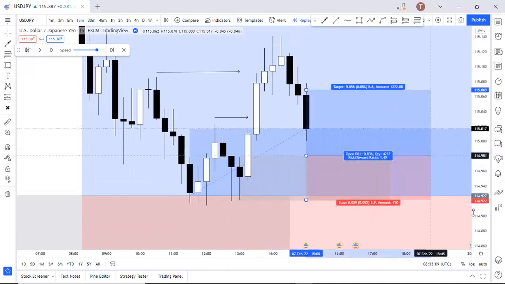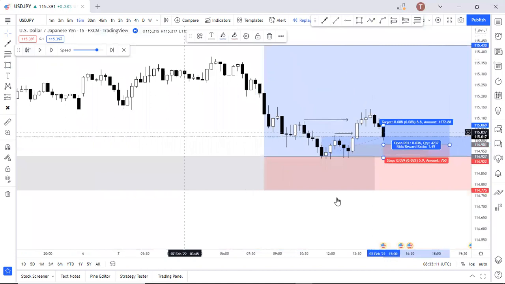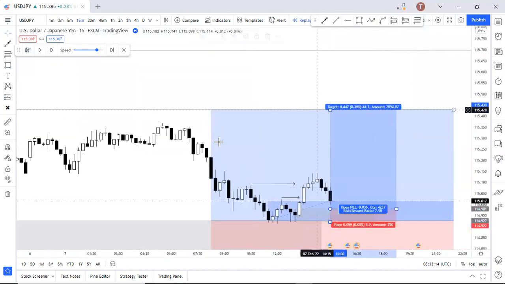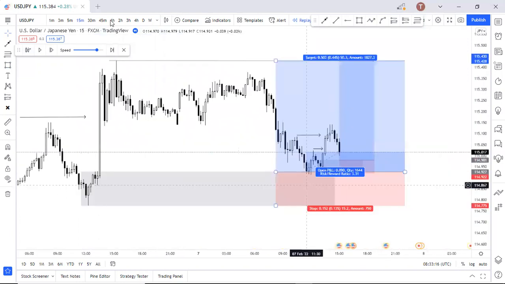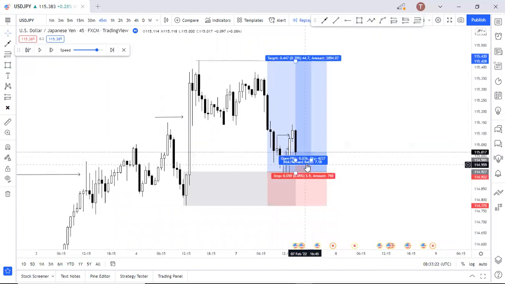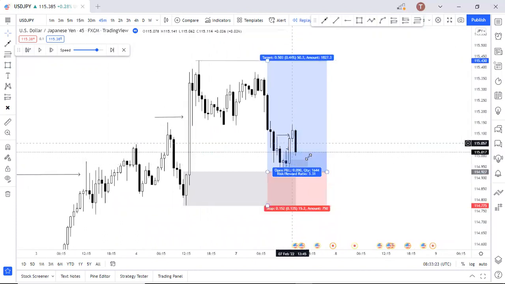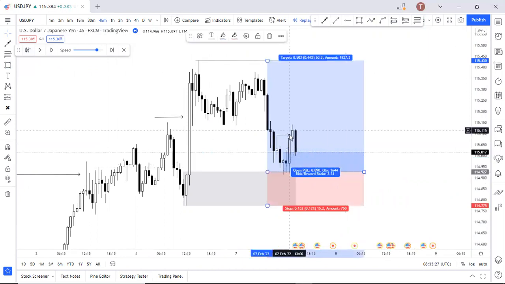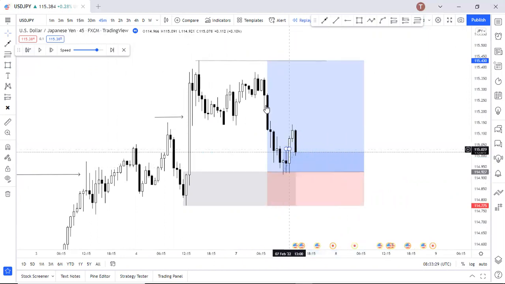But I didn't take this buy. My focus was on my normal entry I had on the 45 minutes time frame. So I didn't take this new entry, and I was able to get my 50 pips on the trade.